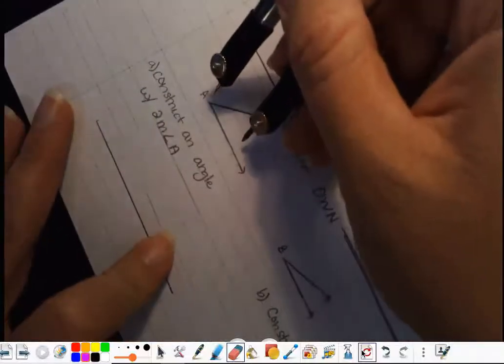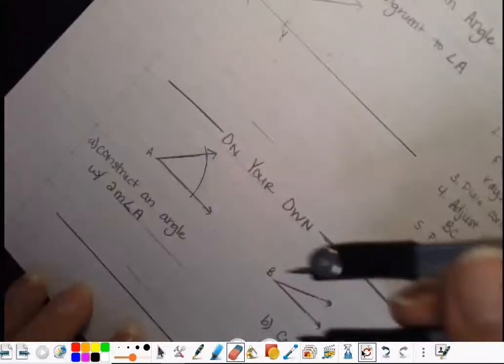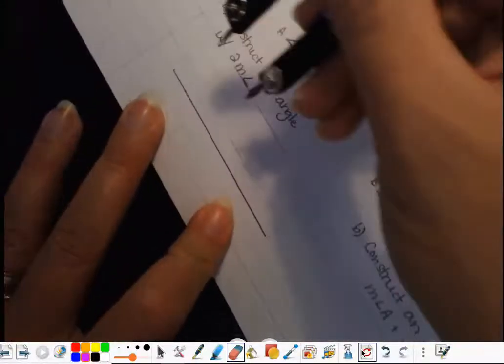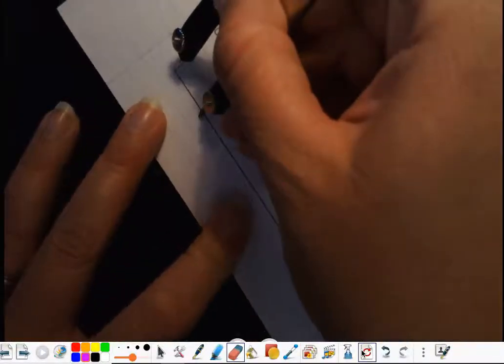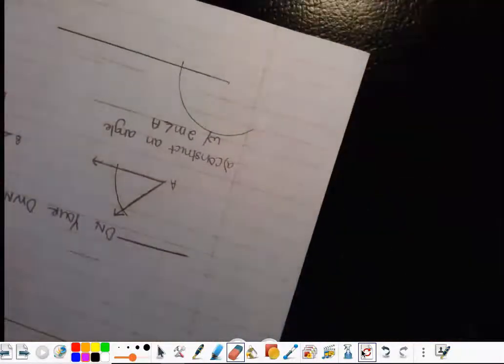Okay, this one's a little better. So I made my arc. Now I need to do the same thing on the line that I drew. And remember, make a big arc. Might make a really big arc on this one because you have to do two of them.